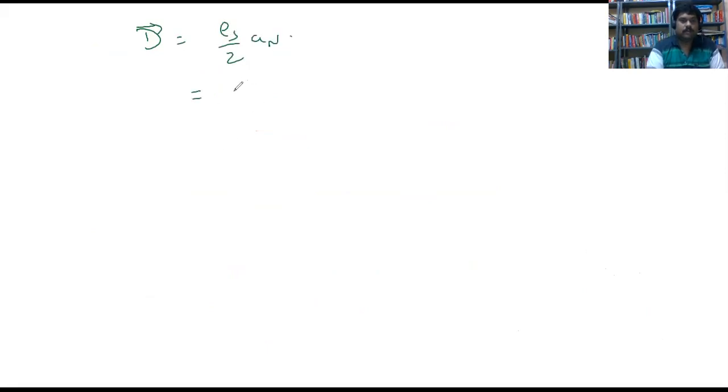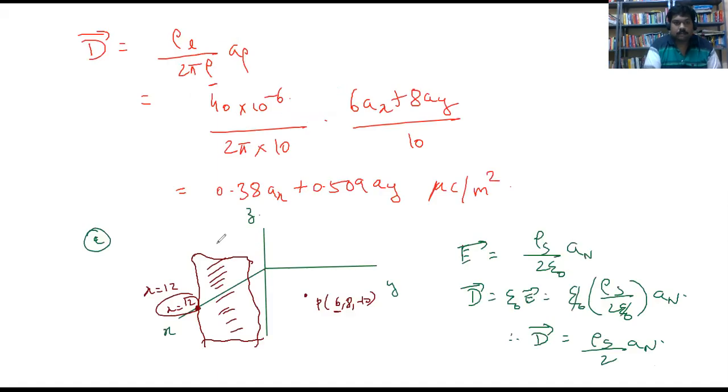Now this is equal to what? Rho s given is 57.2 microcoulomb per meter square divided by 2 into, what is AN? Because the point P is behind the sheet, how does the electric field go? In the negative x-axis direction, right?